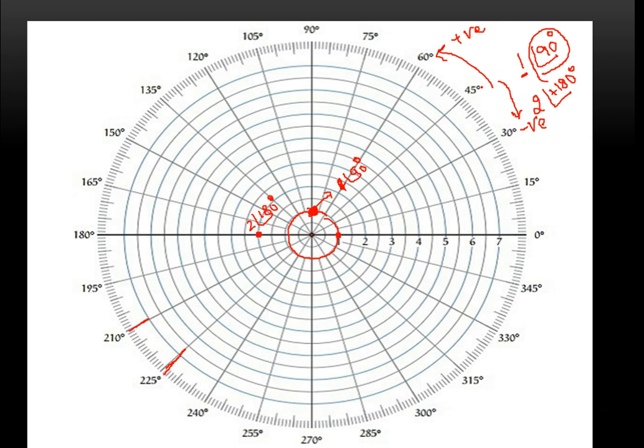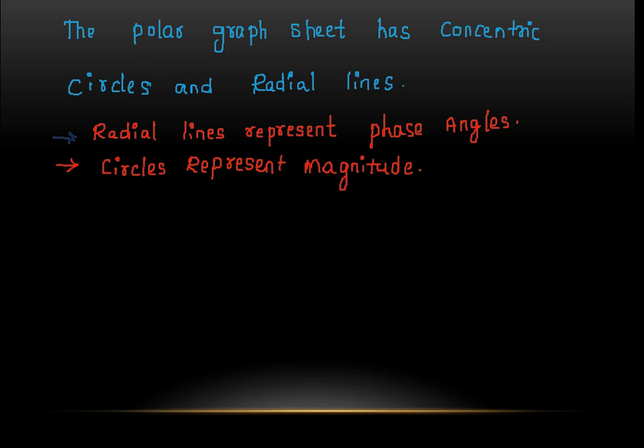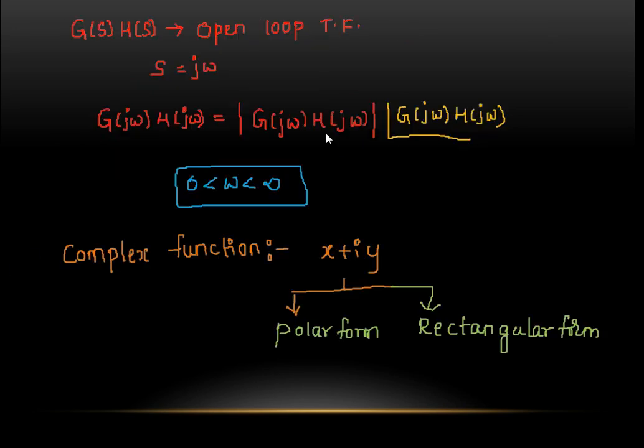Here the concentric circles represent the magnitude and the radial lines represent the phase of the given transfer function. So if you take any open loop transfer function G(s)H(s), substitute s equal to jω, then take the magnitude of G(jω)H(jω) and the phase of G(jω)H(jω).